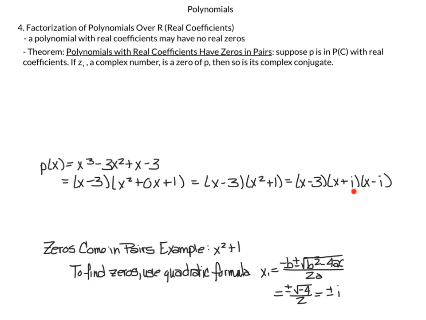Taking a closer look at this x squared plus 1, we can use the quadratic formula from middle school algebra, and we see that we also get plus and minus i as our roots. We're going to be using this quadratic formula a little more in our next couple of examples and theorems.